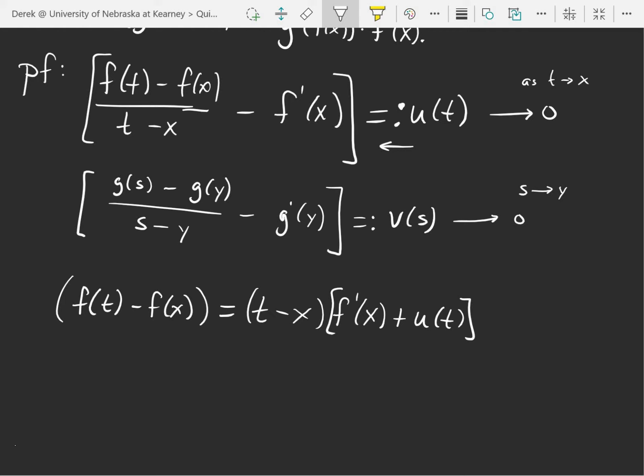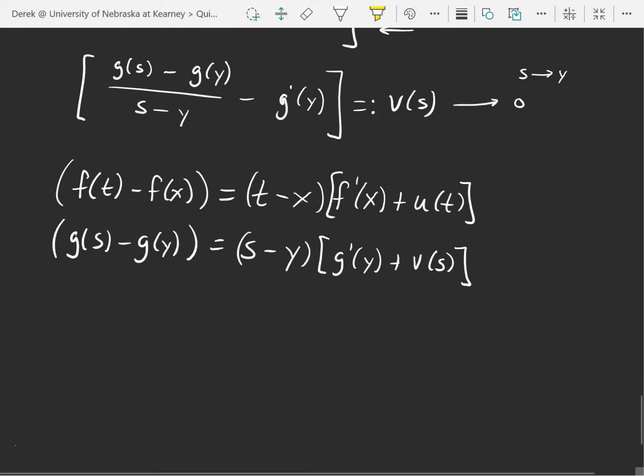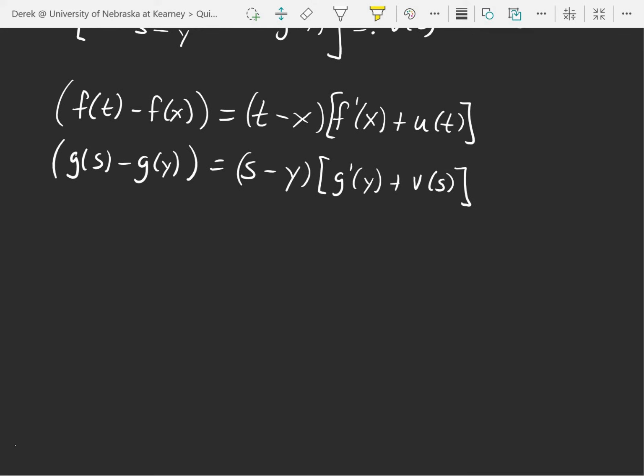Moving to the right hand side, u of t still goes to 0 as t approaches x, right? And I've got that g of s minus g of y equals s minus y times g prime at y plus v of s. Okay. And we're going to use these to get our composition working.